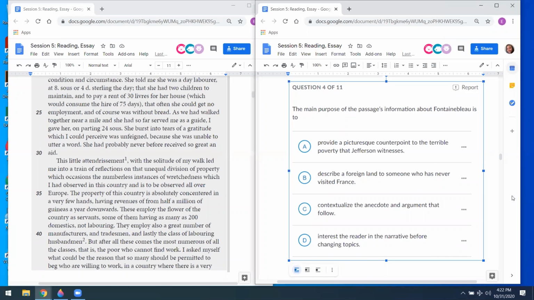Well, the reason why I picked A was because it was telling about a story he has witnessed, something he has witnessed. But then I changed it to C once I was told that it was wrong, and because an anecdote means a story about an incident or something.